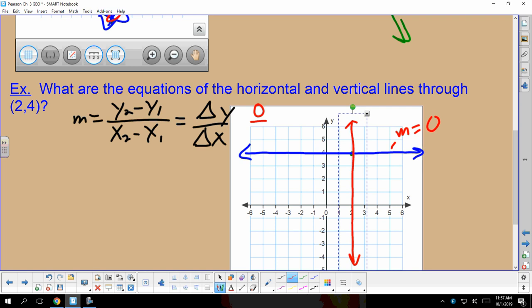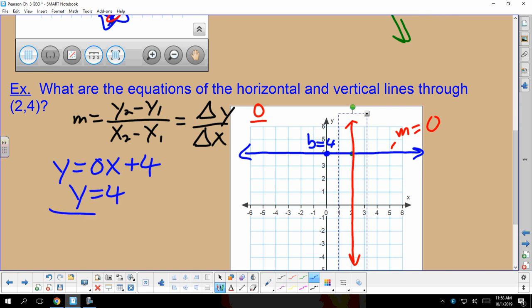Do I have a y-intercept right here? Sure. So let's see what happens when I plug in a slope of 0 and a y-intercept of 4. So I end up with y equals 0 times x plus 4. 0 times anything is what? 0. So we just get y equals 4.